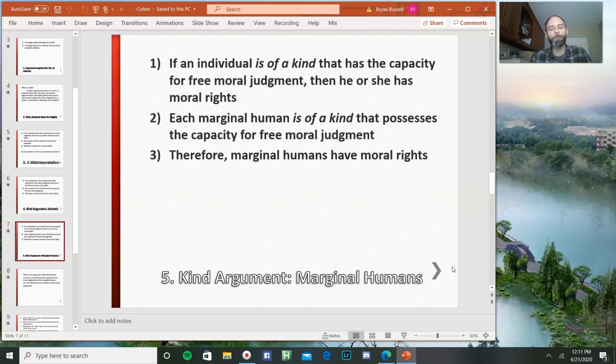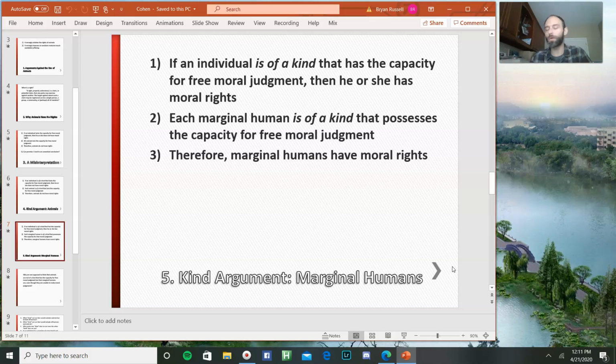So his fix to get these other human beings into the moral community and get them rights will be this. If an individual is of a kind that has the capacity for free moral judgment, then he or she has moral rights. Each marginal human is of a kind that possesses the capacity for free moral judgment, namely human beings.